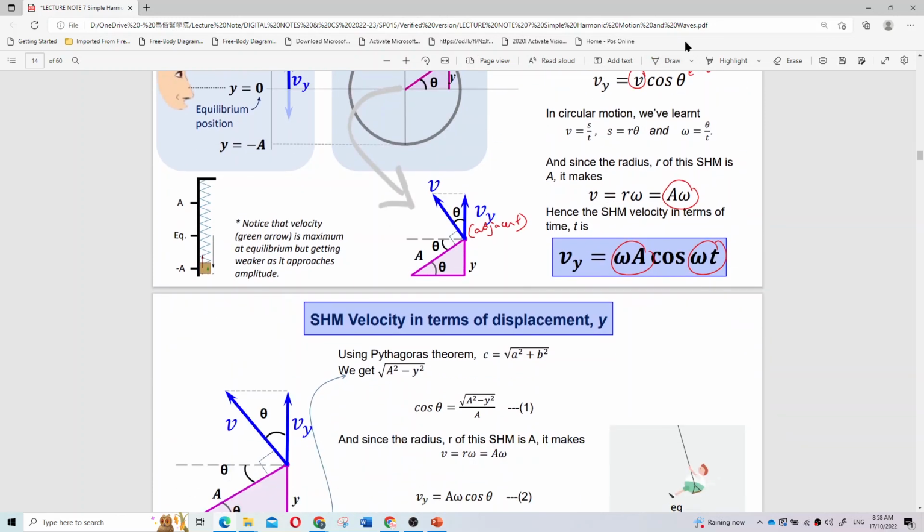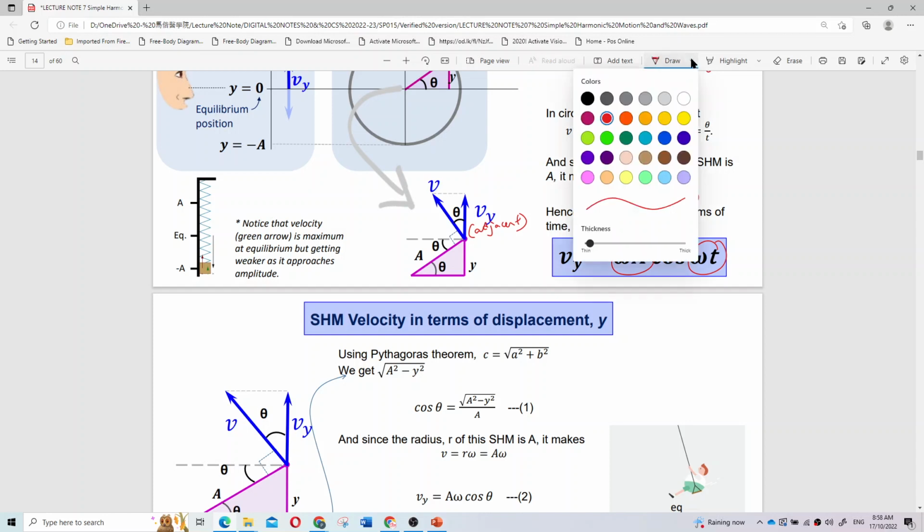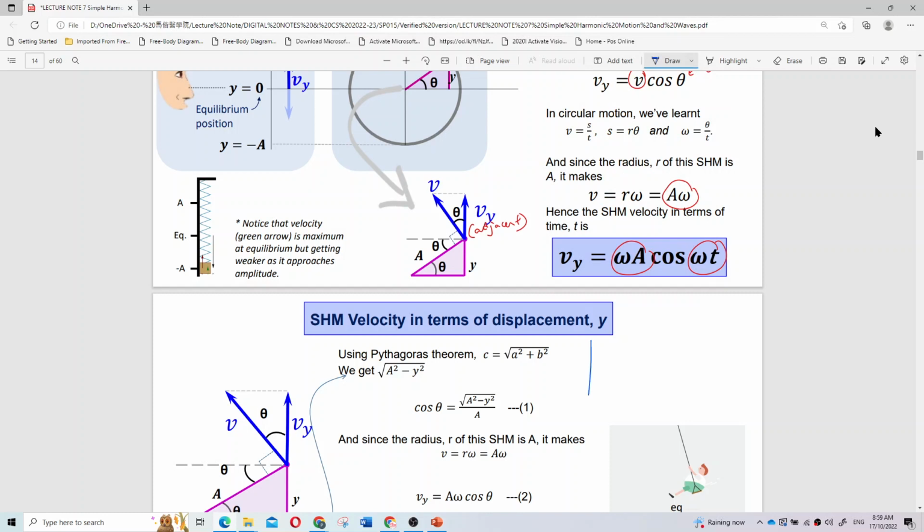Let's say if we draw a graph. Okay, this is the last lah. So after this we dismiss. So this is the graph for velocity, Vy versus T. So we get a cosine graph. Like that. Make one more turn. So this is period, this is 2 periods, like this.